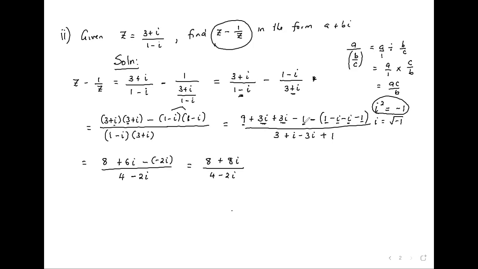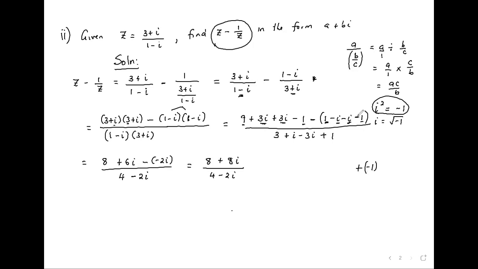And then minus, open. 1 times 1, you get 1. 1 times -i, you get -i. Again, -i. Then negative times negative, it's plus. i times i is -1. So this has given us this -1 here.